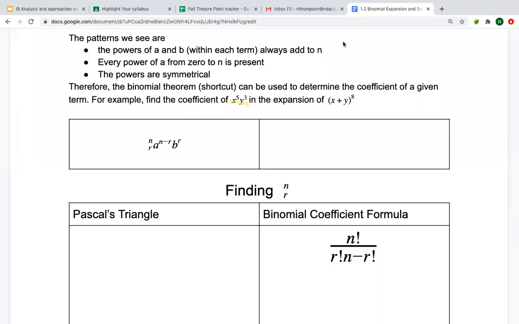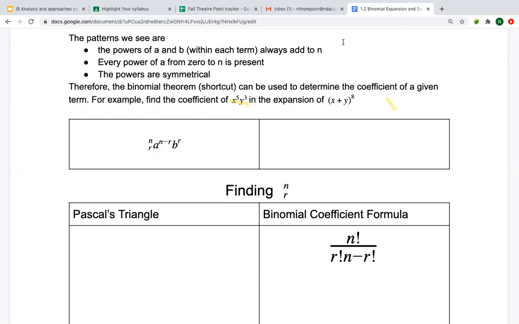Okay, so what we have here, how we determine our n and our r. Our n is always this power here. Our n is always the power. So in this case, it is 8.